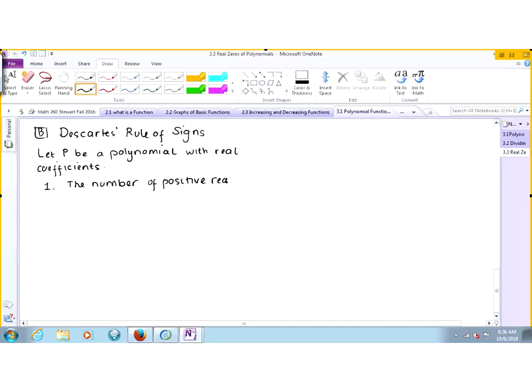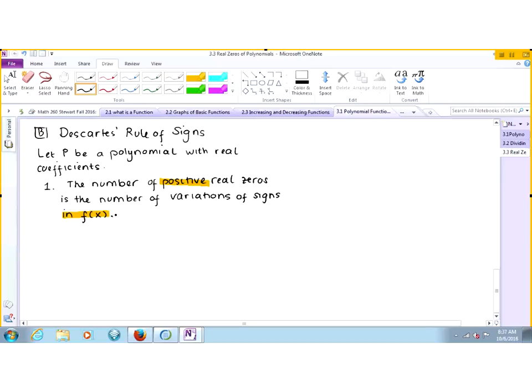So the number of positive real zeros, so we're talking about positive, is the number of variations of signs in f of x. The number of variations of signs in f of x.